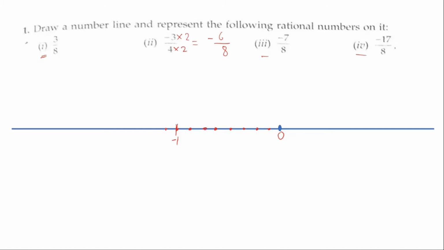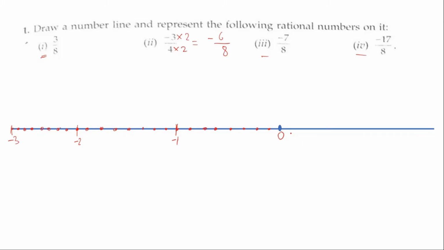Again 1, 2, 3, 4, 5, 6, 7, 8. This 8 will be minus 2. Again 1, 2, 3, 4, 5, 6, 7 and 8. This 8 will be minus 3.